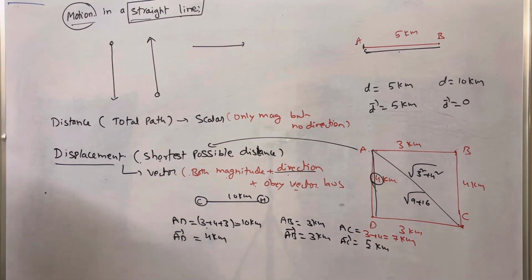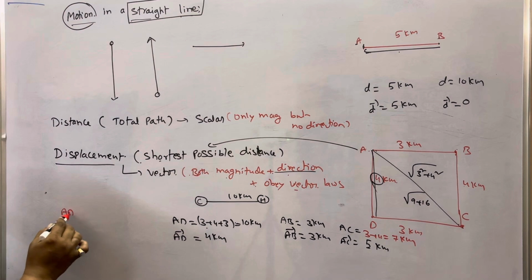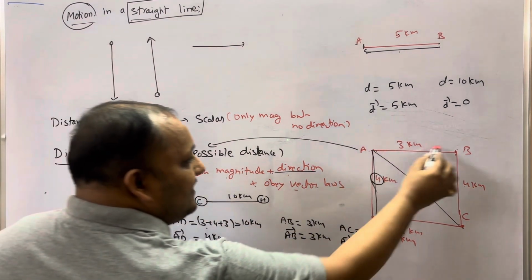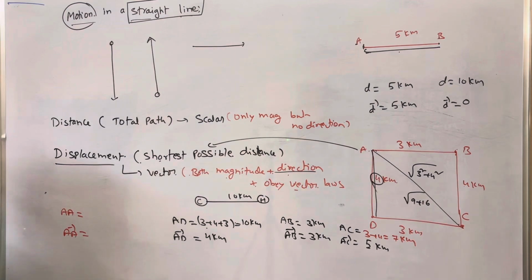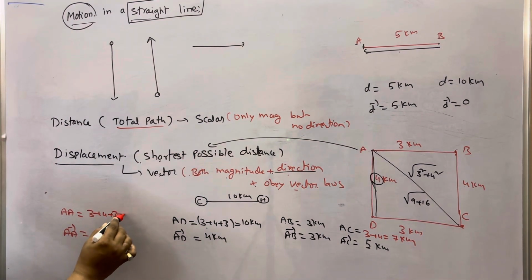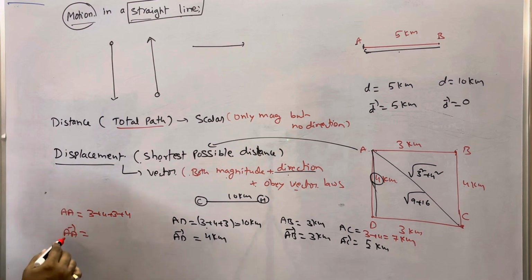Now A to A. A to A, what is the distance? A to A, what is the displacement? So A to A means 3 plus 4 plus 3 plus 4. That is the total path. You can add. Next, the displacement: it is reaching finally 0.